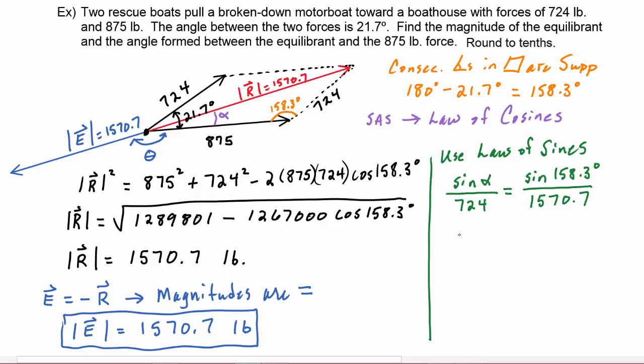Cross multiplying, we get that the sine of alpha is equal to 724 times the sine of 158.3 degrees divided by 1570.7. We can enter that number into our calculators.